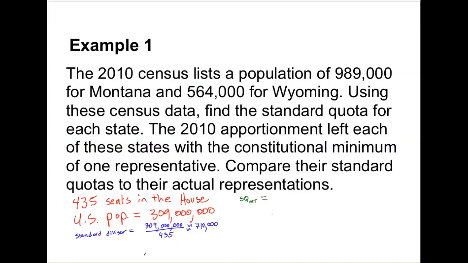So I'm going to take my state population of 989,000 and divide out my standard divisor of 710,000, right?